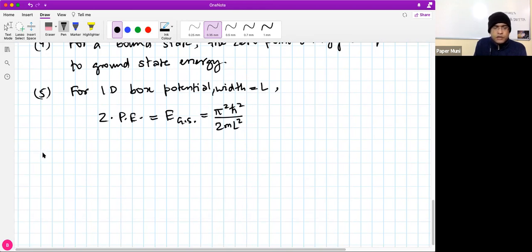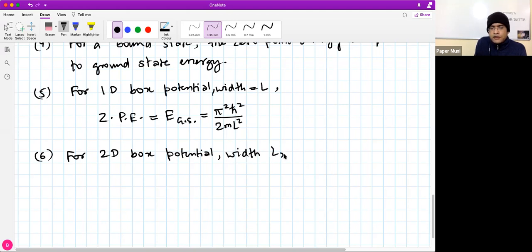Now for 2D, let's note down something. For a 2D box potential with width Lx equal to L and Ly equal to L, in this case the ZPE will be 2 pi square h cut square by 2 m L square.